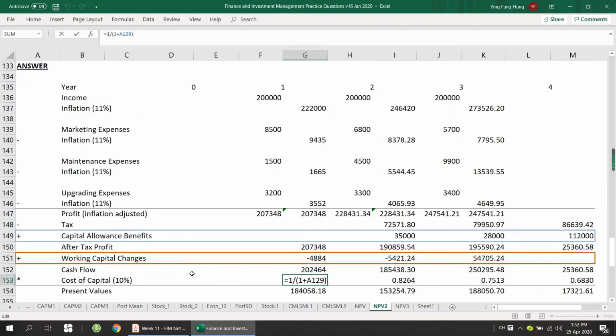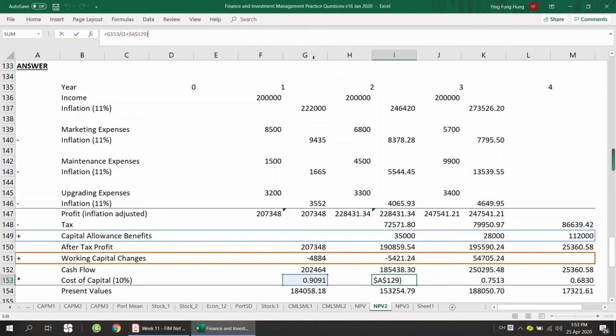That's why it's taking this 100% from today and discounting it by 10%. That's why, instead of getting 100%, next year the money will be worth 90.91%. And similarly, the money in year 2 is going to be worth even less than the money in year 1. And again, the discount factor, which is the cost of capital, is at 10%.